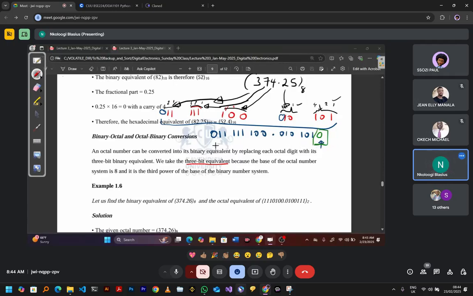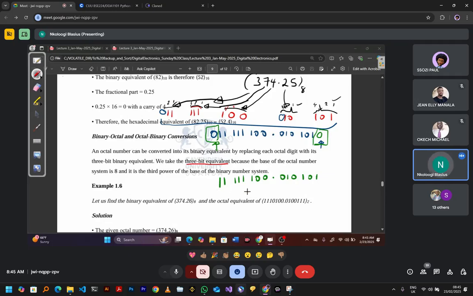On the other hand, for the integer part, you also omit the 0 on the extreme left hand side of the integer number. For example, we have to omit this 0. So that means that our final answer is going to be 1 1 1 1 1 1 0 0 point 0 1 0 1 0 1.